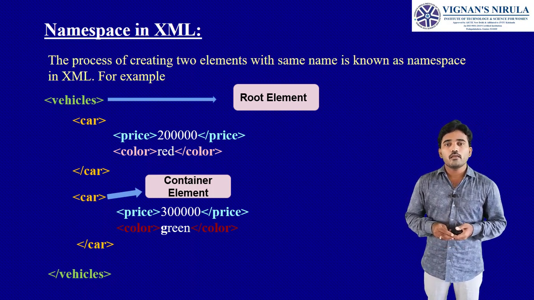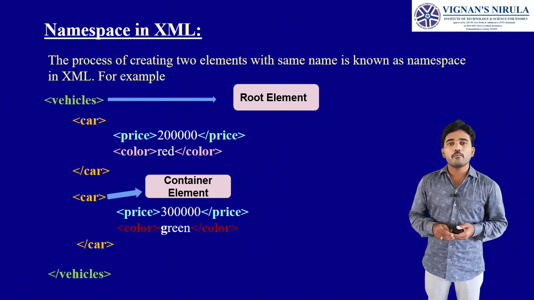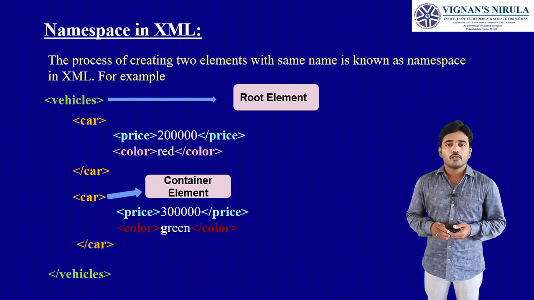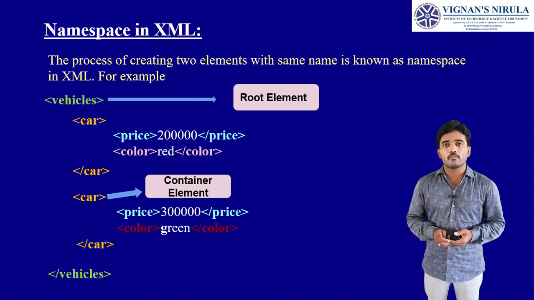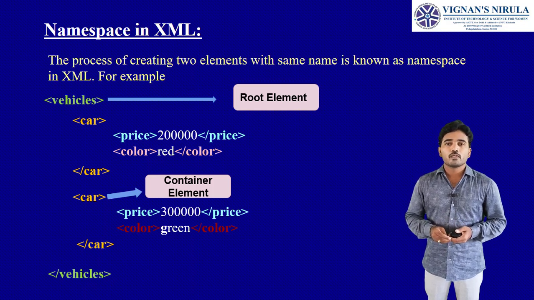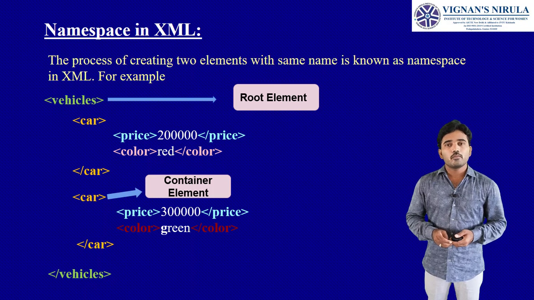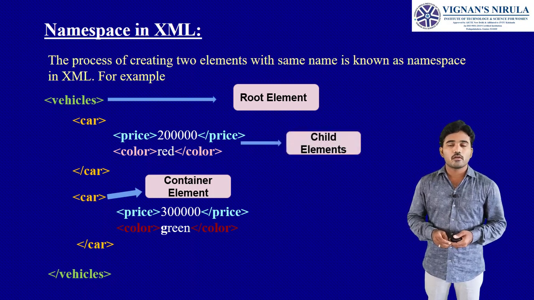So in this way you used the same car element twice, and even price and color twice. The process of creating two elements with the same name is known as namespace in XML. So in XML, namespace is allowed. Remember that. Understood?